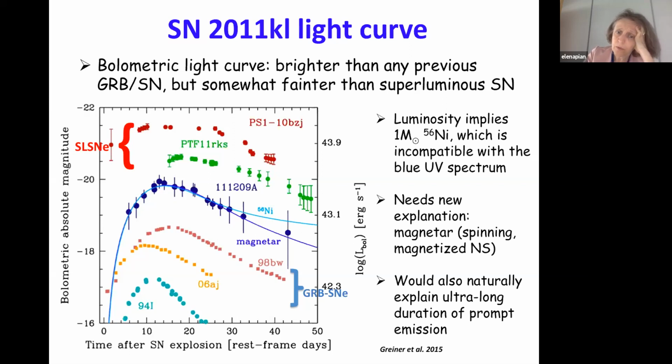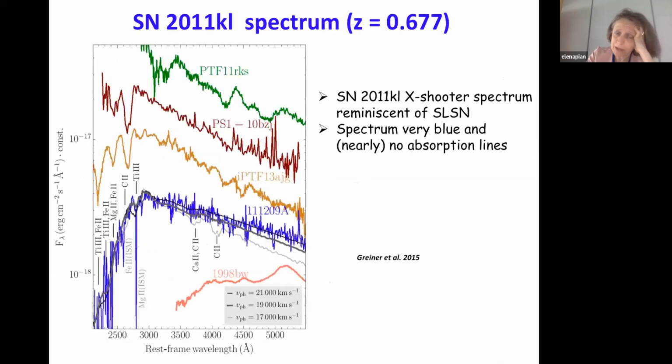But one solar mass of nickel 56 would require a much more severe suppression of the blue part of the spectrum, which is not observed. This spectrum is suppressed in UV, short of 2000 or 2500 angstrom. But the near UV and blue part of the spectrum is still very bright. It's not suppressed at all.